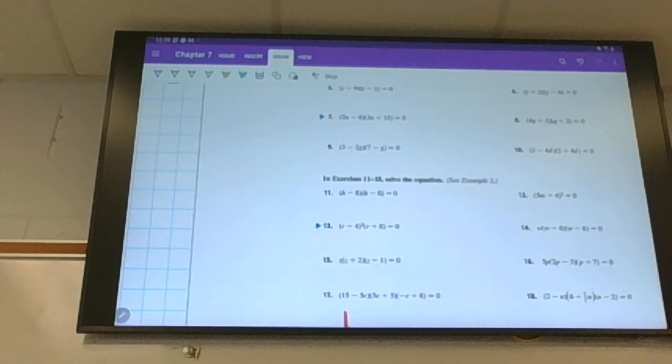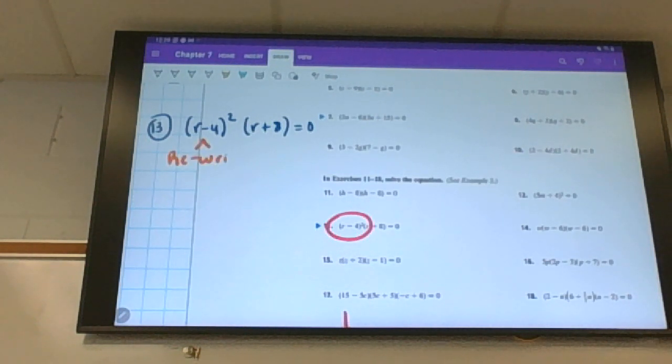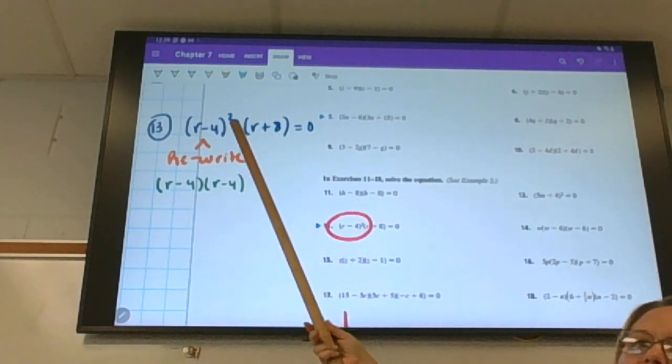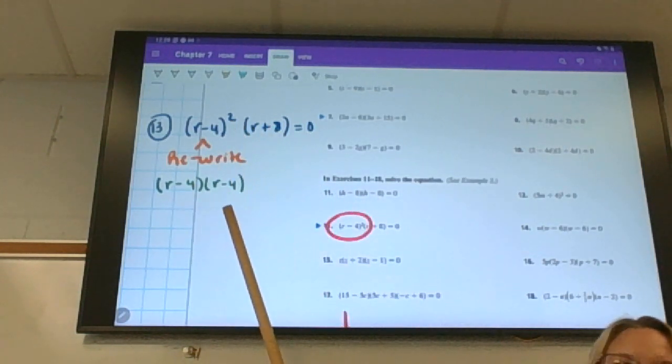13 is crazy. Let's look at 13. It's r minus 4 squared times r plus 8. Okay, everybody jump to 13. That's a hard one. I'm going to rewrite this as r minus 4 times r minus 4. That was our lesson before. If there's a little 2 out there, there are 2 of them, right?